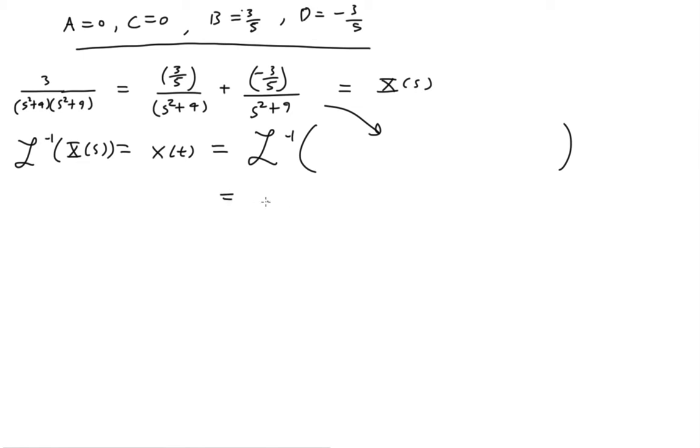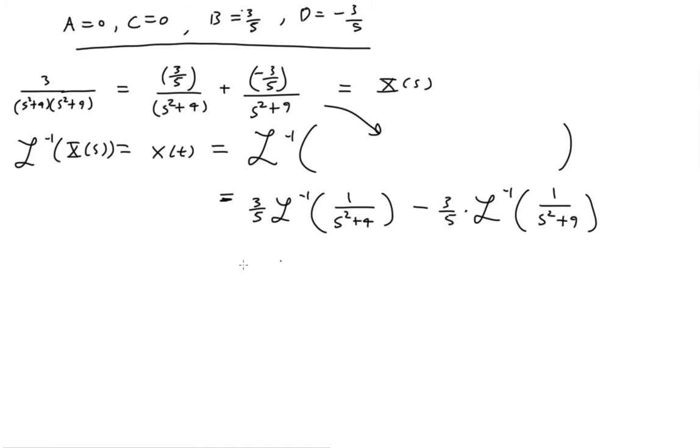But because the Laplace transform and the inverse Laplace transform are linear, we can actually say that that's going to be 3/5 inverse Laplace transform of 1 over s squared plus 4, plus, I should actually say not plus, but minus 3/5 times the inverse Laplace transform of 1 over s squared plus 9. Okay, so we're certainly getting close. Again, that is my x of t.